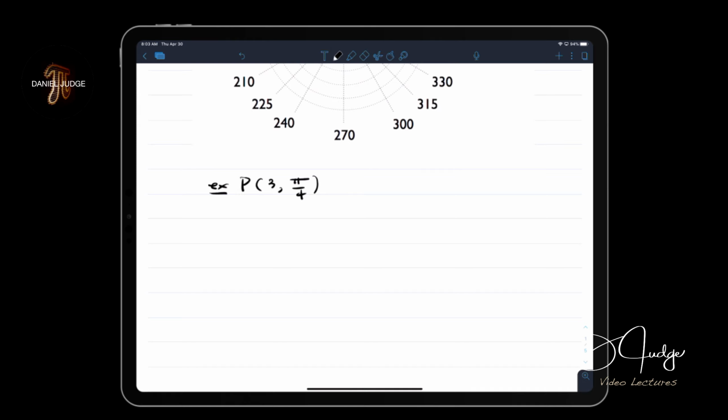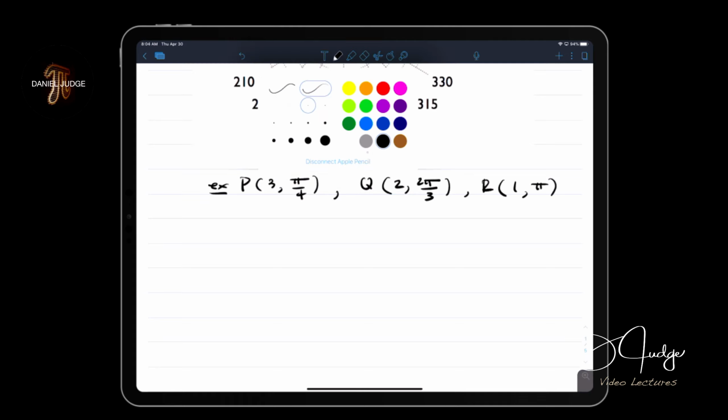I'll say P. We're going to plot Q. How about if we say 2, 2 pi over 3. And then another point, R, we'll say 1, and this point's going to be maybe pi, for example. Okay? Just start to plot some points to dust off the cobwebs here.